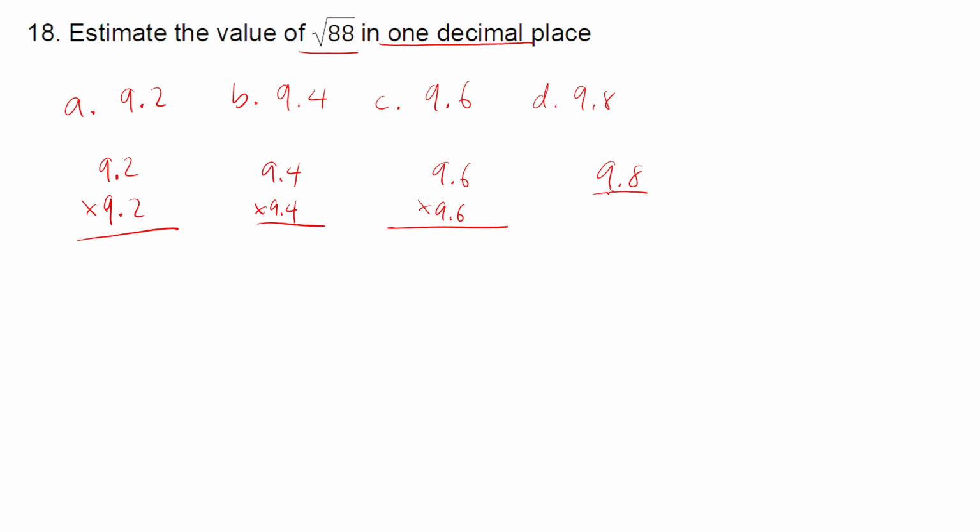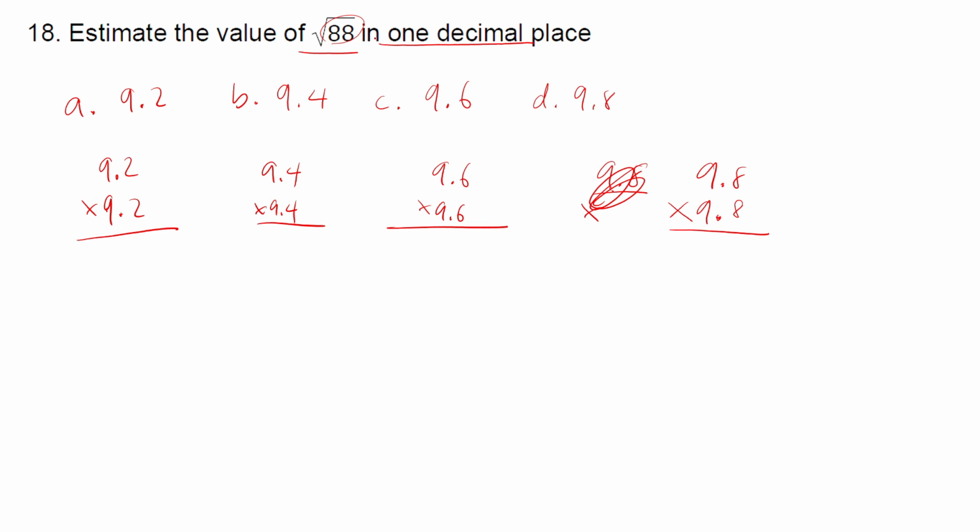Sorry, I cannot erase it, because in this application it's hard to delete the text. Then we check their products, and whichever has the closest result to 88 is going to be the answer.